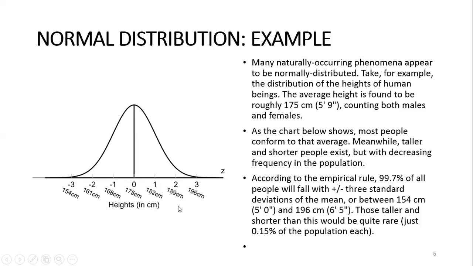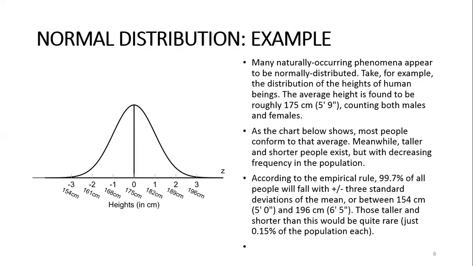These values are used to compute the z-scores. That's why the z-scores for these points will be 0, 1, 2, 3, minus 1, minus 2, minus 3.